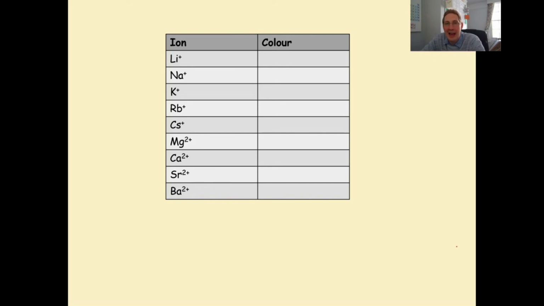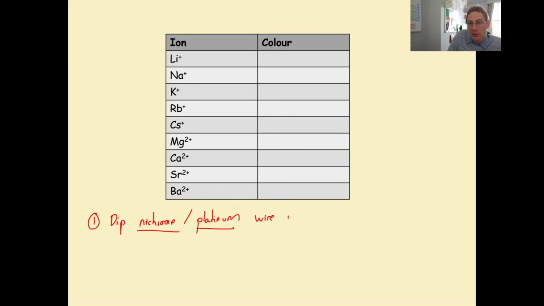Final thing, and again this comes from GCSE, where you did something like this, but it's doing a flame test. How do you do a flame test? You need to know the procedure. One, dip nichrome or platinum wire, and you've got to specify nichrome or platinum wire, into acid, so hydrochloric acid.